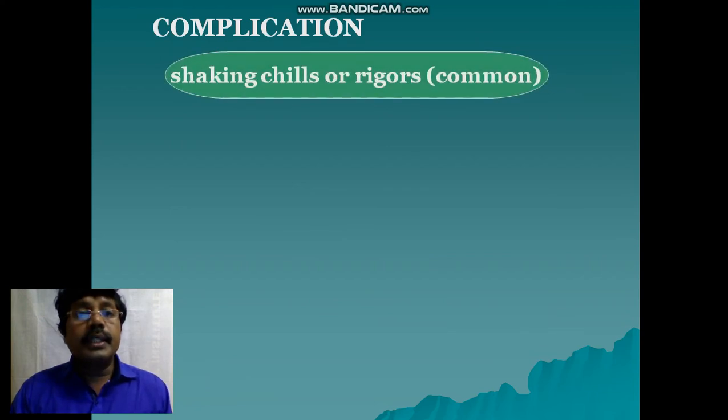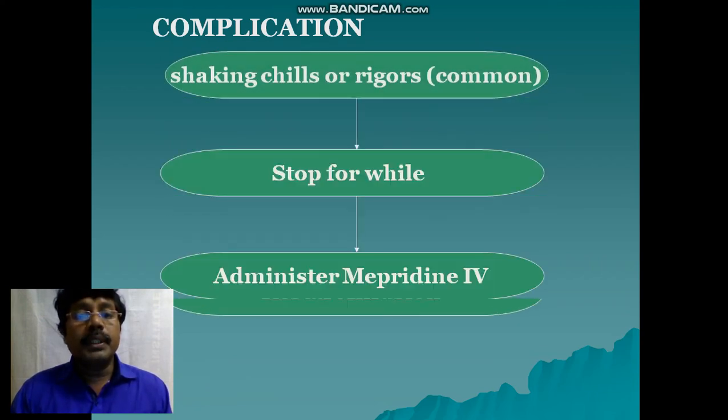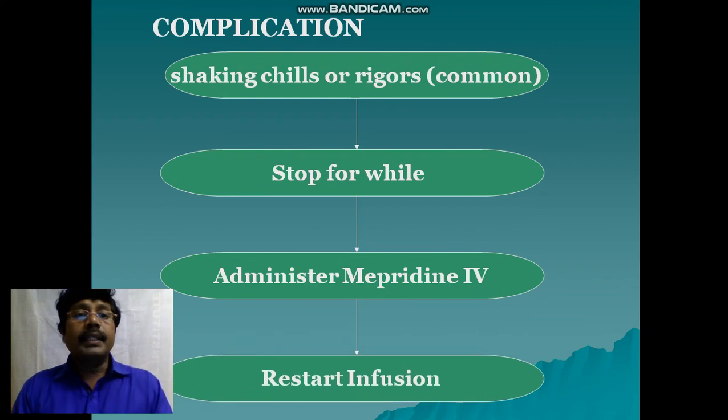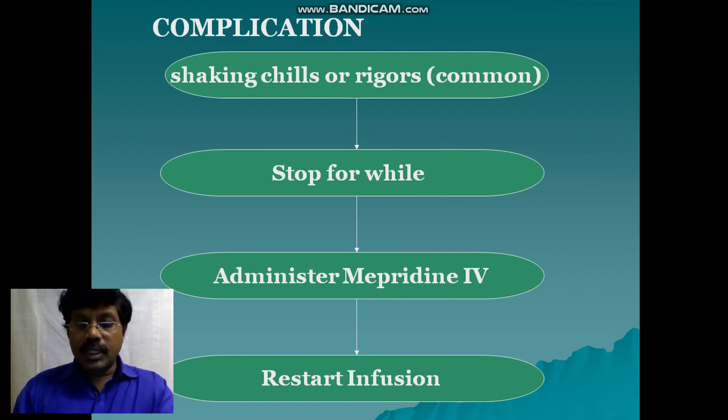Mostly, if you see complications in a patient, for example shaking, chills or rigors, stop for a while, administer meperidine, and restart the infusion. These complications are not very serious for the patient. Just see the next slide.